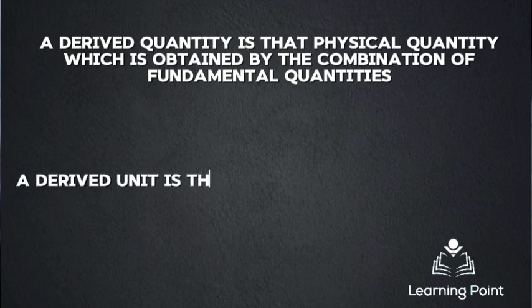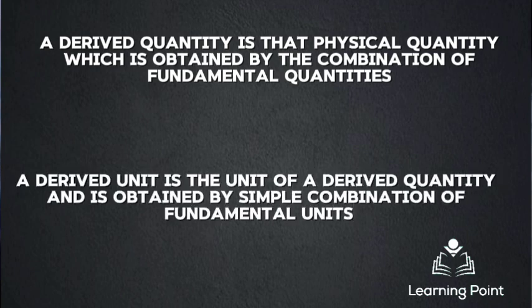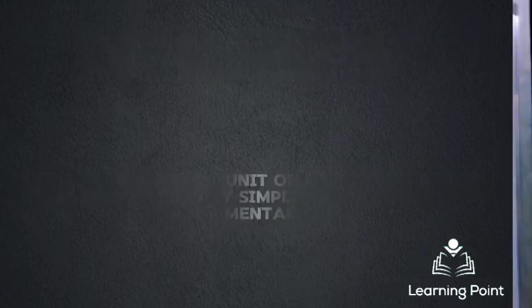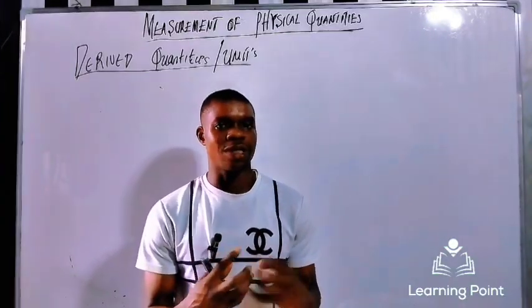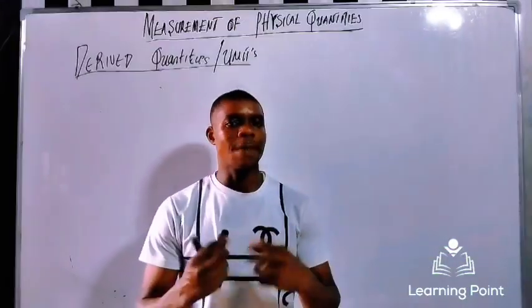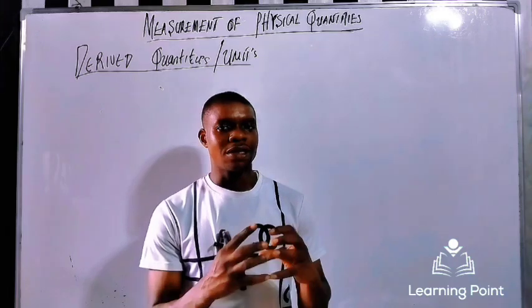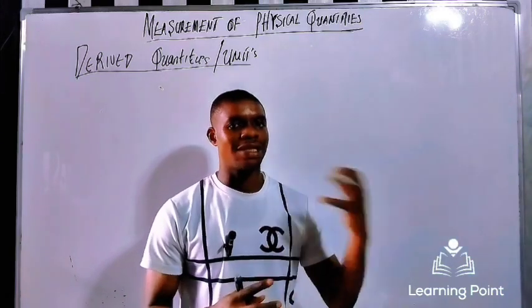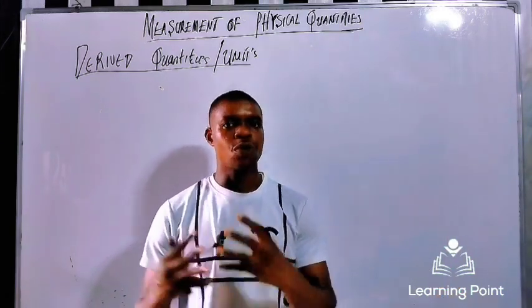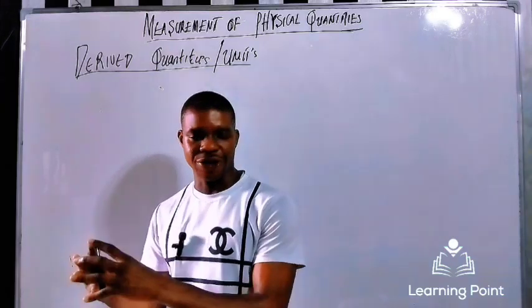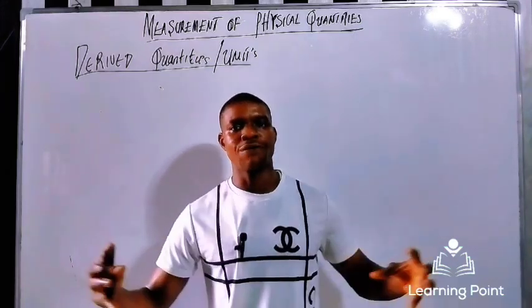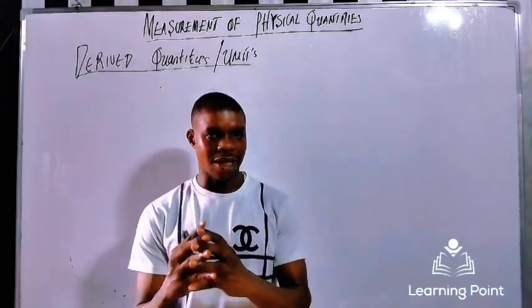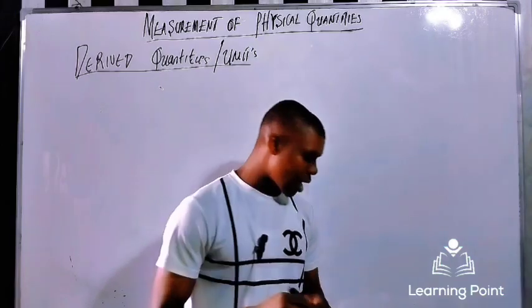A derived unit is the unit of a derived quantity and is obtained by a simple combination of fundamental units. The word derived means got from somewhere. So those quantities that are derived from somewhere are called derived quantities. Derived quantities also have derived units. Derived units are simply putting the fundamental units together. You understand?